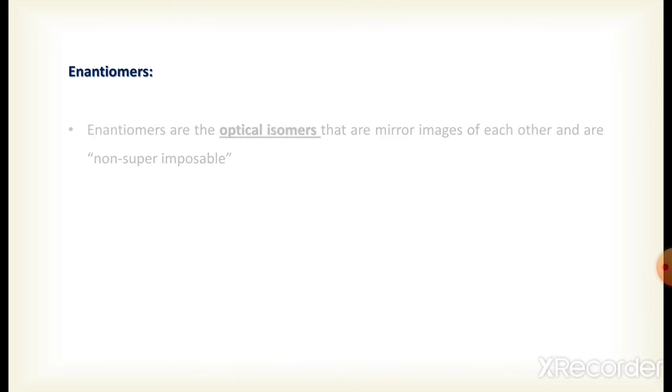These D and L forms are known as enantiomers. Now, what are enantiomers?